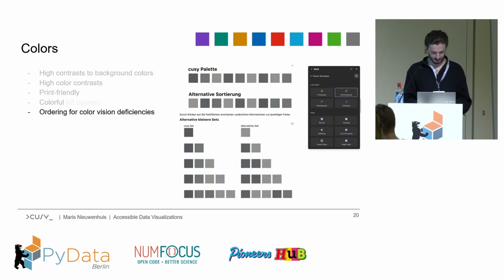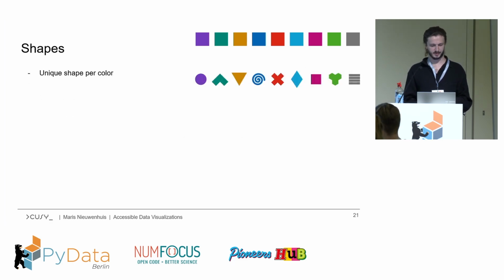Here again showing the no color vision. And of course, these are not that differentiable. So we decided we also want to have not only the colors, but also some shapes. So we developed, implemented one shape fitting to the color.